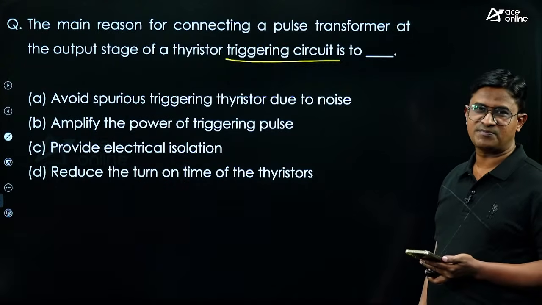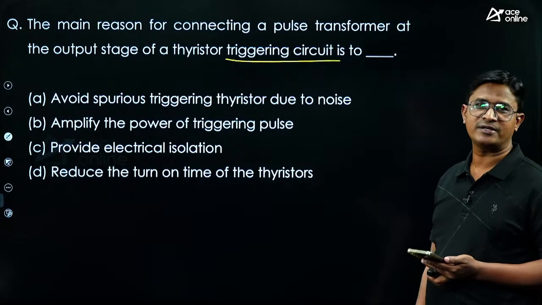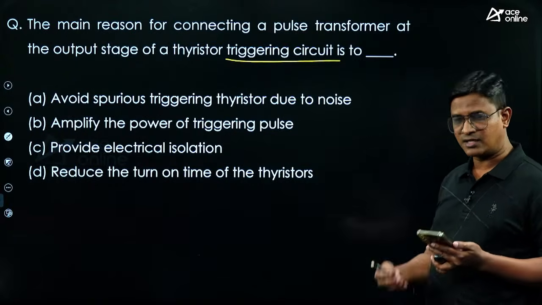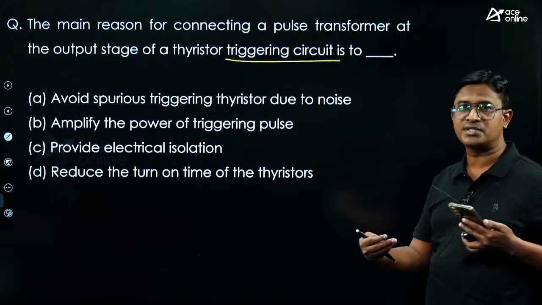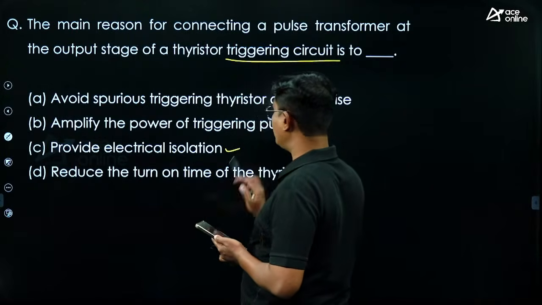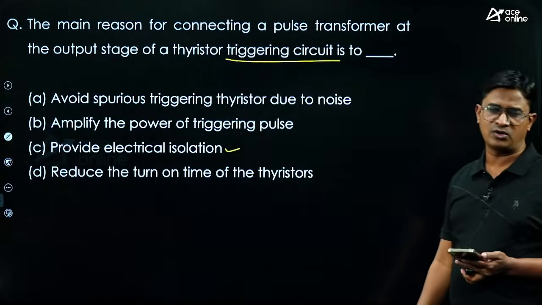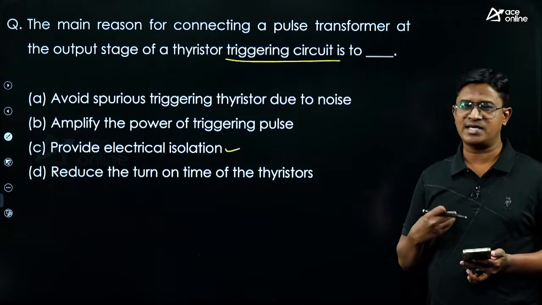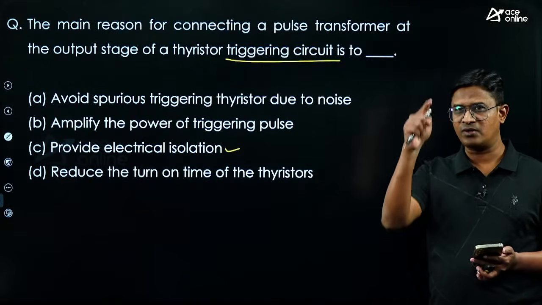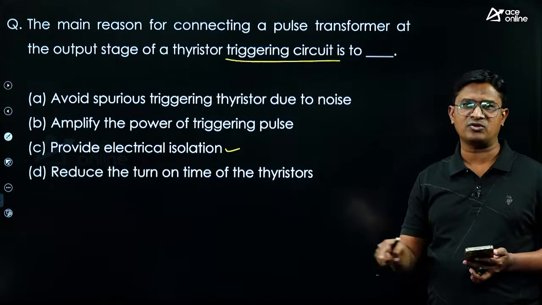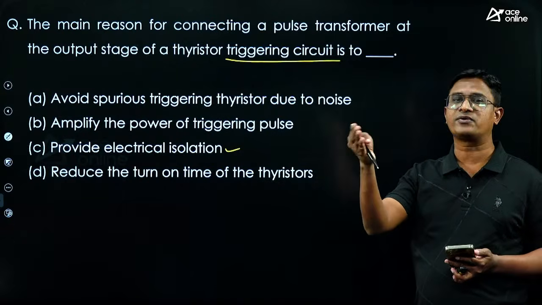We know pulse transformer has a turns ratio 1:1. It is used to provide the isolation between the control circuit and the load circuit, right? Check your SCR. We know SCR is a 3-terminal device, anode, cathode and gate. The circuit connected between anode and cathode of SCR is known as the load circuit.